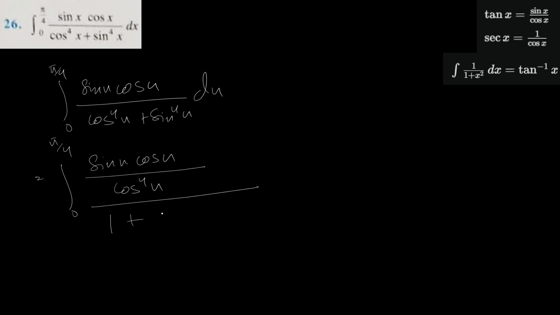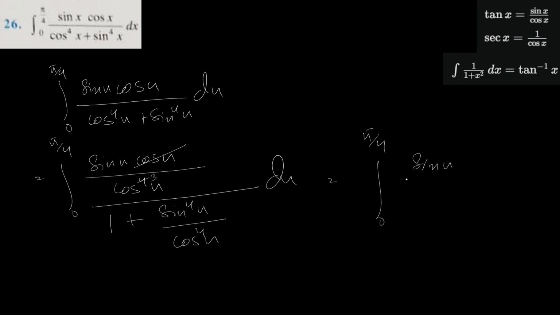So this will be 1 plus sin x to the power 4 by cos x to the power 4, dx. Here you see cos x and 1 cos x will cancel out. So ultimately I will get the integral from 0 to pi by 4 of sin x by cos cube x by 1 plus tan x to the power 4, dx.